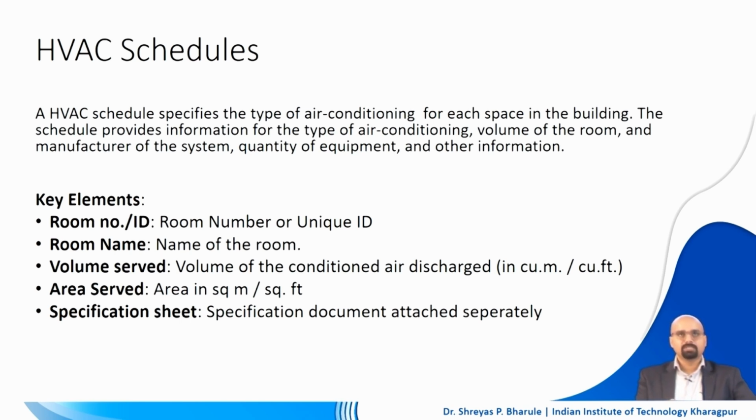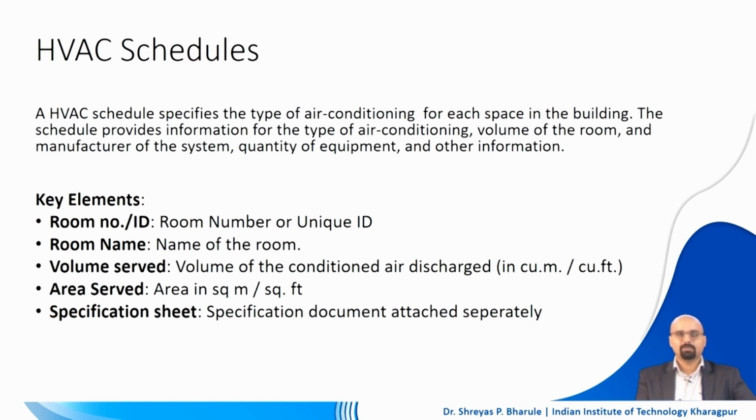So here the things that are important or things that will be mentioned in a table is the type of air conditioning, the volume of the room that is there, the manufacturer of the system, the quantity of the equipment which is there, and other information like the volume which is served in that building, that room, that is to be calculated and mentioned in a table there. So similar to the previous two cases, you will have the room ID and room name.